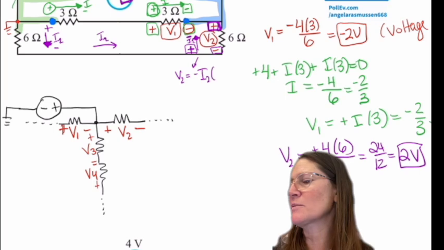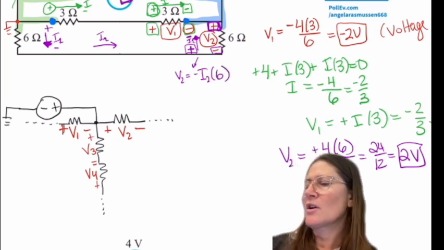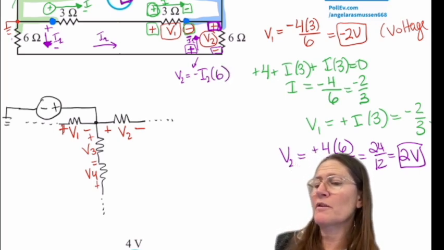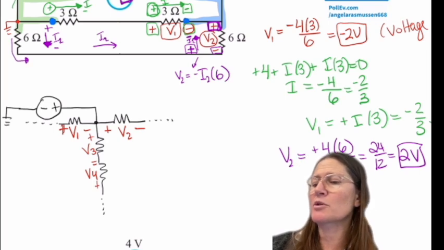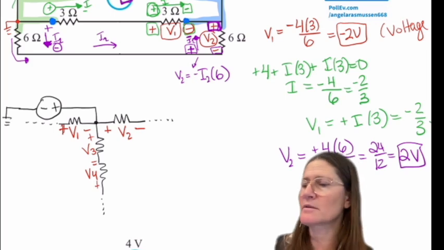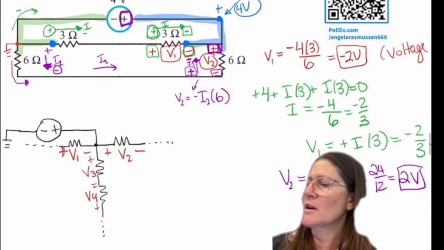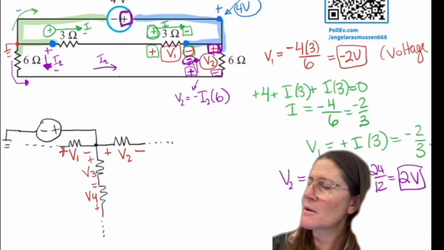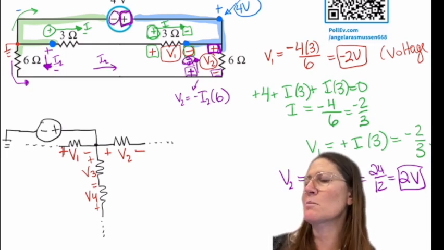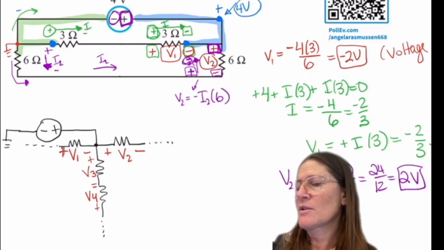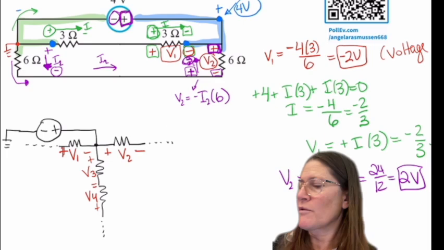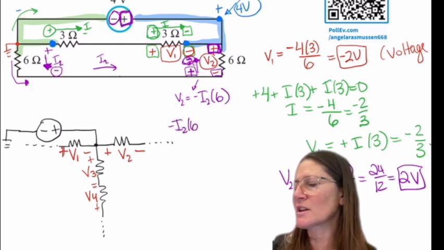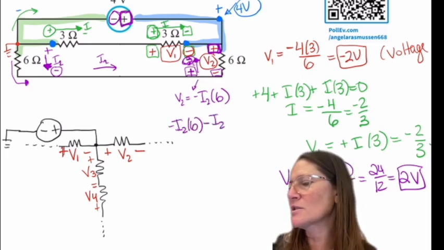Minus I2 times 6. And then my loop, if I go around this direction, I have a minus, and then a minus, oh, sorry, wrong minus. Minus, and then this would be a minus, for a minus I2 times 6 minus I2 times 6 minus 4 equals 0.